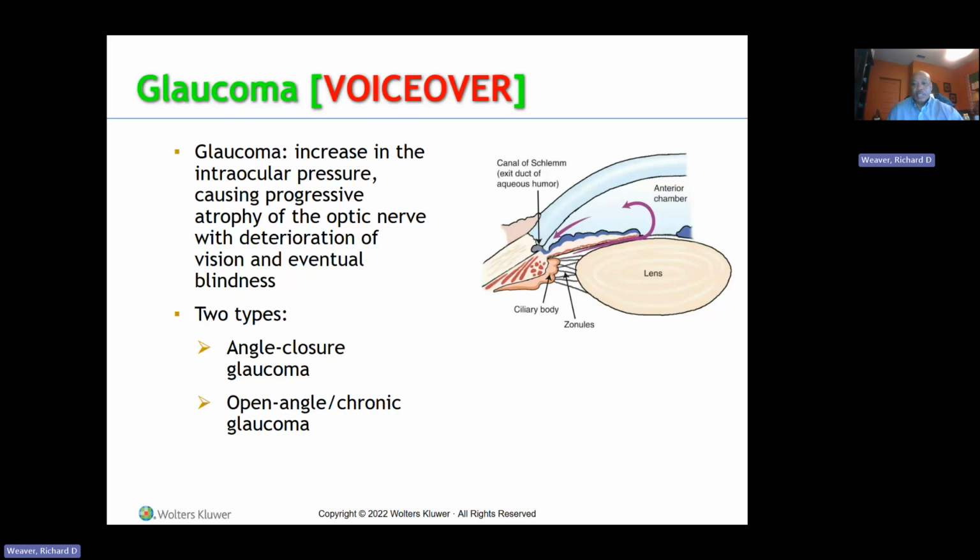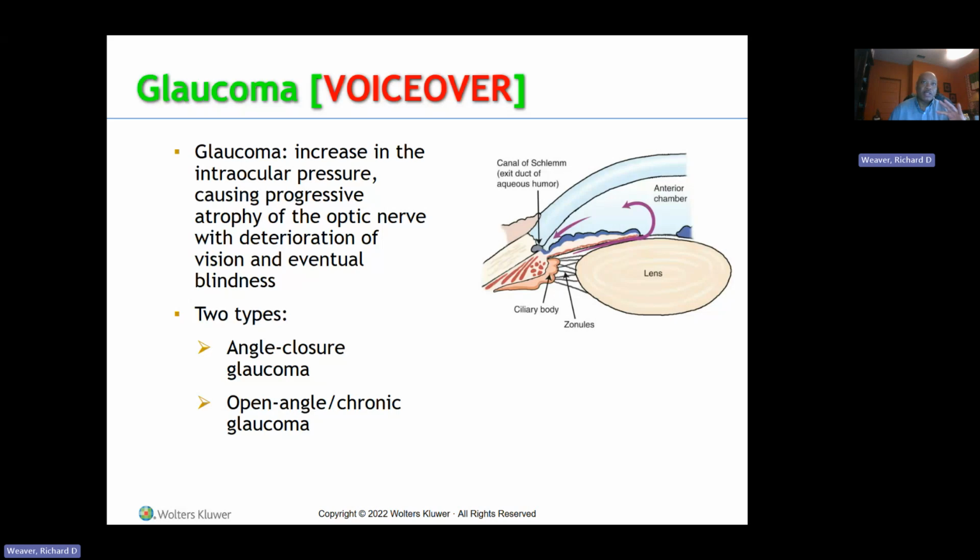Now, this condition is typically treated with eye drops, and surgical procedures are held off until the medications are not effective anymore. Now, the eye has a lens, it has an iris, and the cornea is continuously bathed and nourished by this fluid called the aqueous humor. It's kind of like our cells that are surrounded by blood, and the blood brings nutrients and oxygen to our cells.